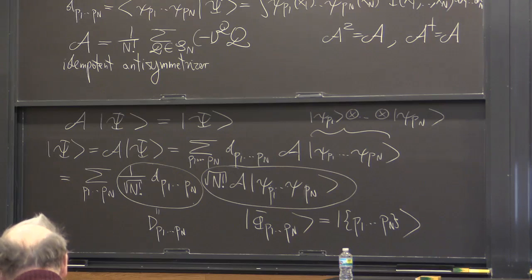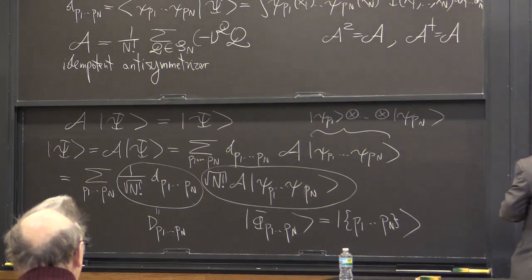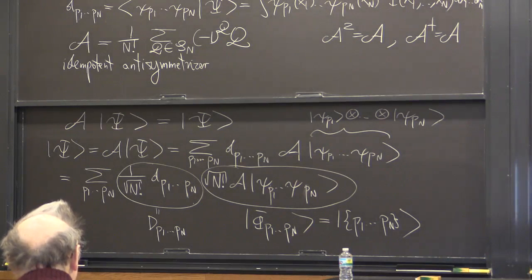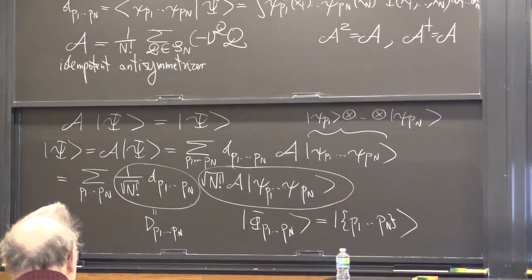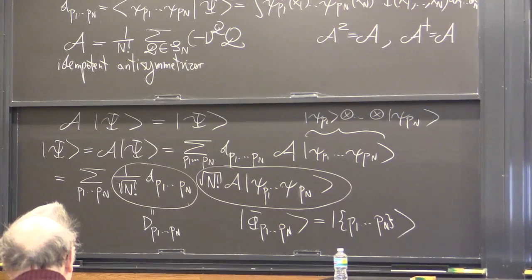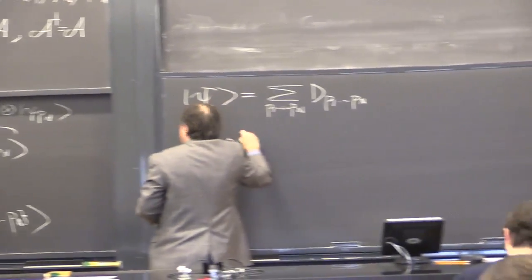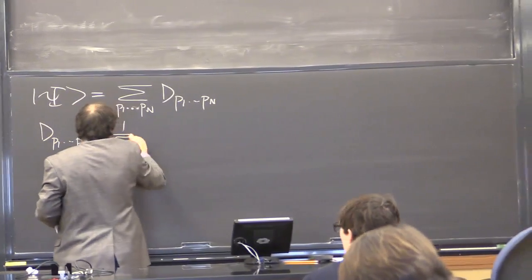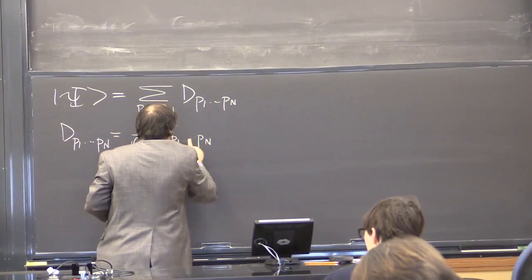In any case, what we have now demonstrated is this. We showed that our wave function psi belonging to the anti-symmetric wave functions has the following representation. You're summing over indices P1 through Pn, capital D coefficients that I introduced over there, and I will write them one more time. They are defined as 1 over square root of n factorial times lowercase d P1 through Pn.